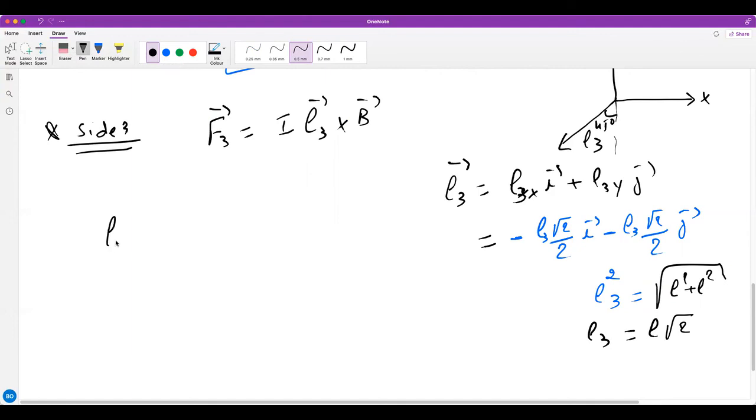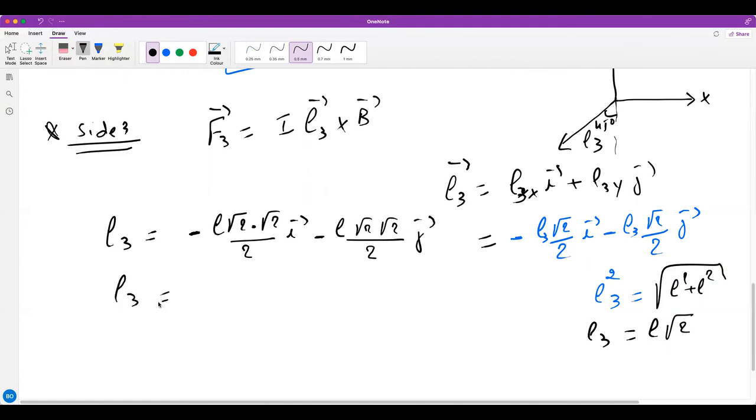So L3 becomes minus L square root of 2 times square root of 2 over 2 i minus L square root of 2 times square root of 2 over 2 j. So L3 becomes easily minus L i minus L j. This is L3.